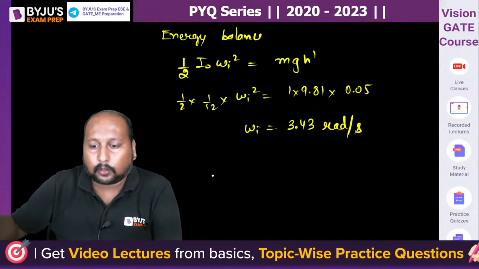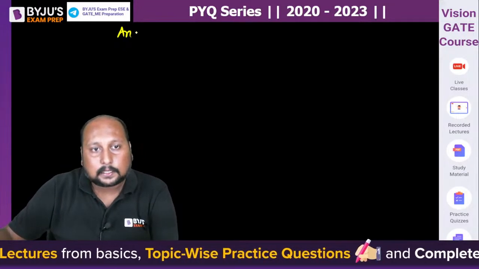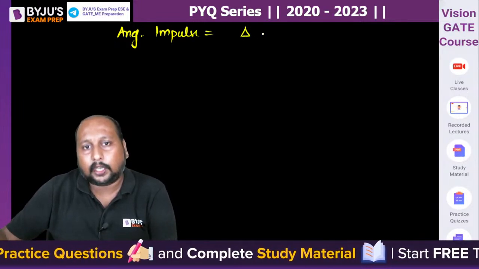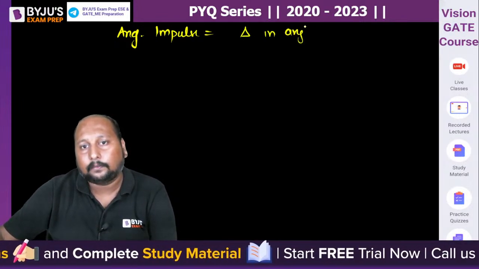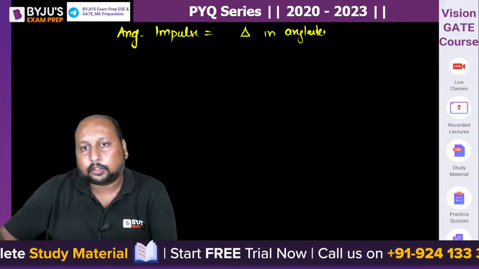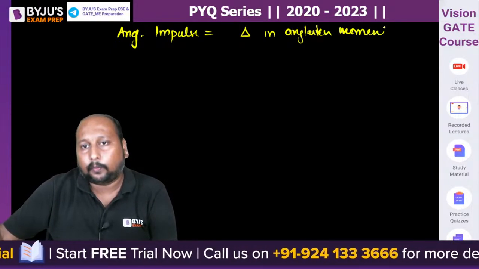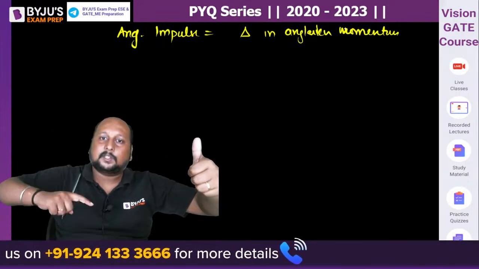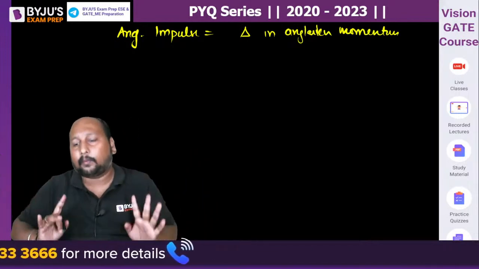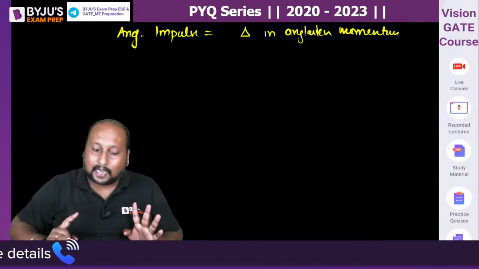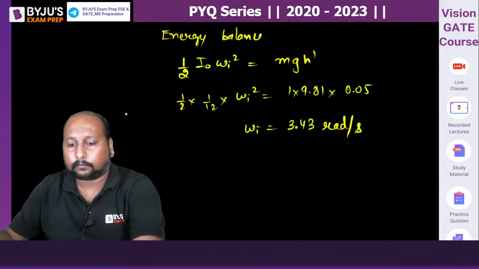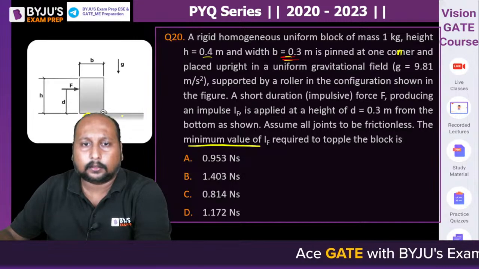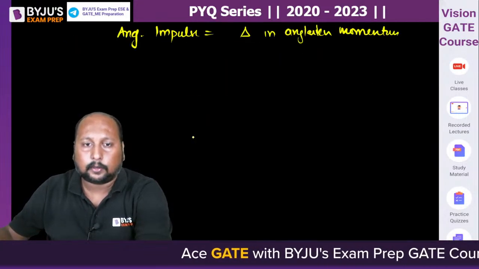Okay, so fine. So now we can say the angular impulse will be equal to the change in angular momentum. Whatever impulse is being created, this will be responsible to change its angular momentum. So what is angular impulse? है ना, और I into your 0.3, this one is 0.3.